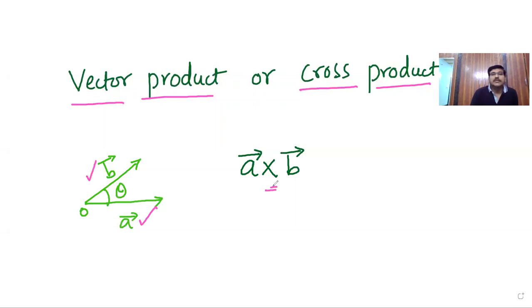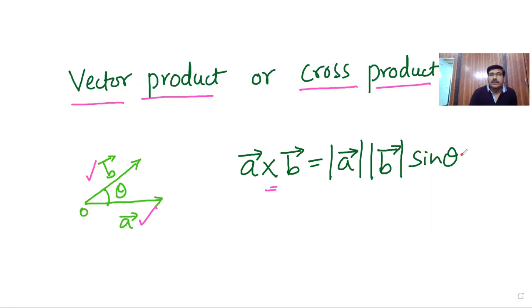A bar cross B bar is given as the modulus of A bar vector, the magnitude of A bar vector, times the modulus of B bar vector, the magnitude of B bar vector, times sine theta, where theta is the angle between A bar and B bar, times a unit vector which shows the direction.